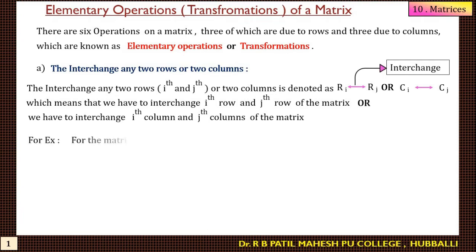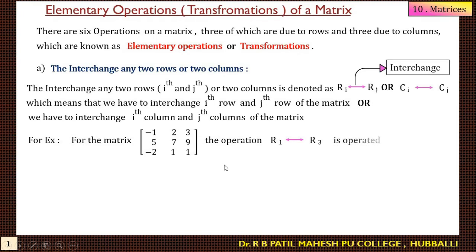For example, for the matrix -1, 2, 3, 5, 7, 9, -2, 1, 1, take the operation R1 interchange R3. If I use this symbol, what you have to do is first take the R3 elements, the row wise elements.